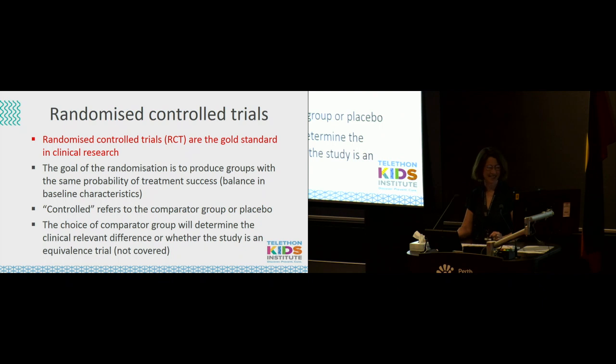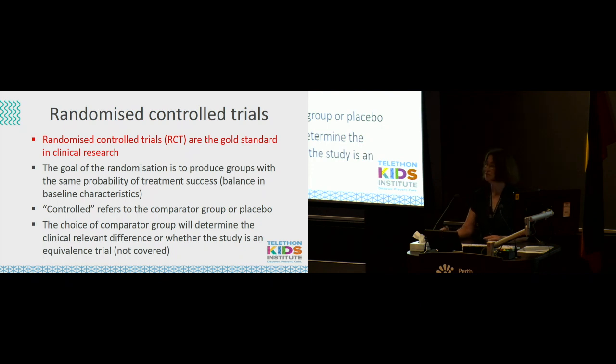Okay. The other one, there's a few more caveats around randomized controlled trials, which are considered the gold standard. And the goal of the randomization itself is to produce groups with the same probability of treatment success. So when we talk about balancing baseline characteristics, that's usually what the goal of the randomization is, and also to wipe out major sources of operational or recruitment bias that can come in as a result of not using it.